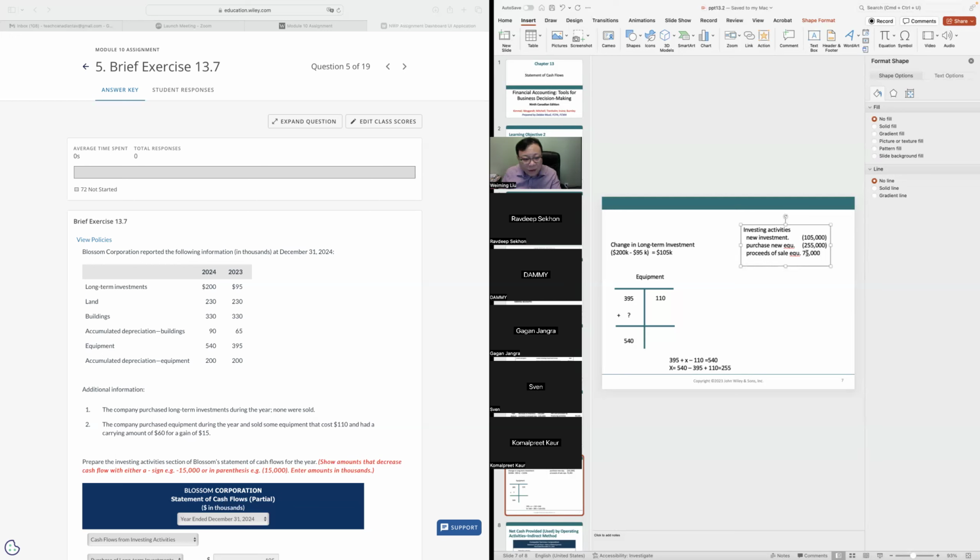Okay. So now I would say net cash used by investing activity. So that's 360, this one is 70 less, so that'll be 285, right? So the total of that will be 285,000.